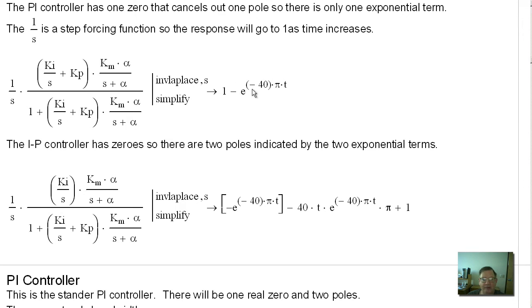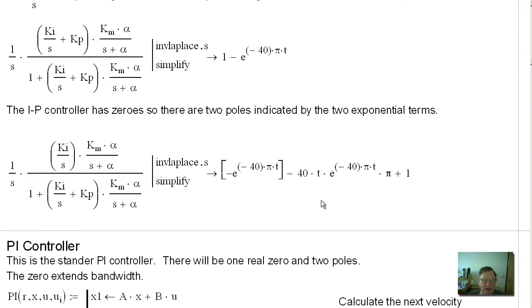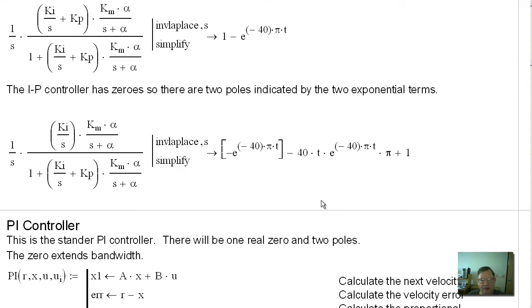This can never add to a number that's greater than 1. And the same down here. These are all negative terms. So the velocity response should never overshoot the target velocity. And I'm going to get to that later when we're talking about sample time.